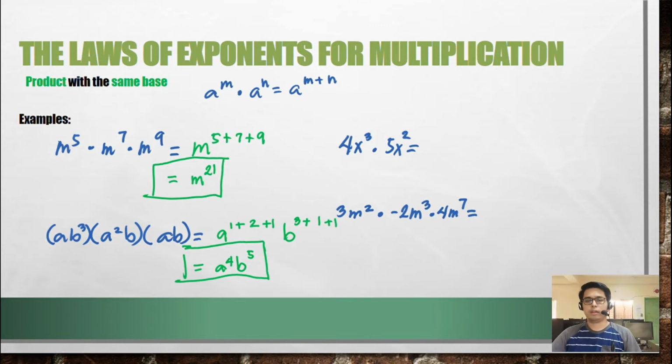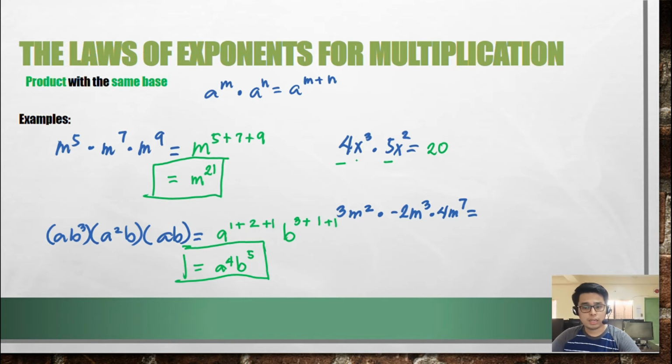Now, punta tayo sa third example. Okay, meron yung numerical coefficient. So, ang numerical coefficient, yung number sa tabi ng variables, nasa una. Okay, so, anong gagawin dyan? So, ang gagawin dyan, i-multiply mo. Actually, pwede nang direct to eh. So, 4 times 5, that is 20, di ba?